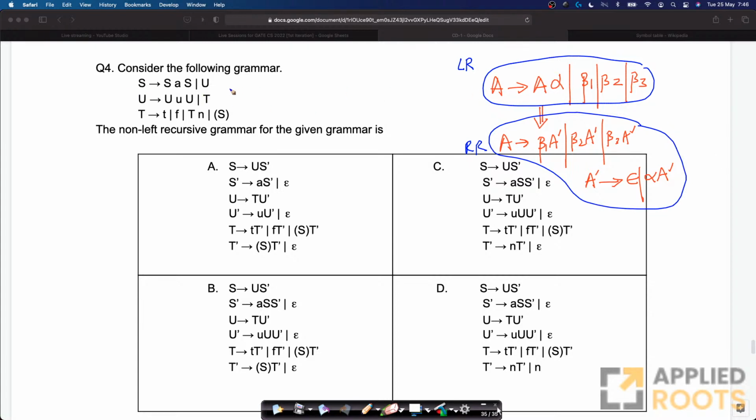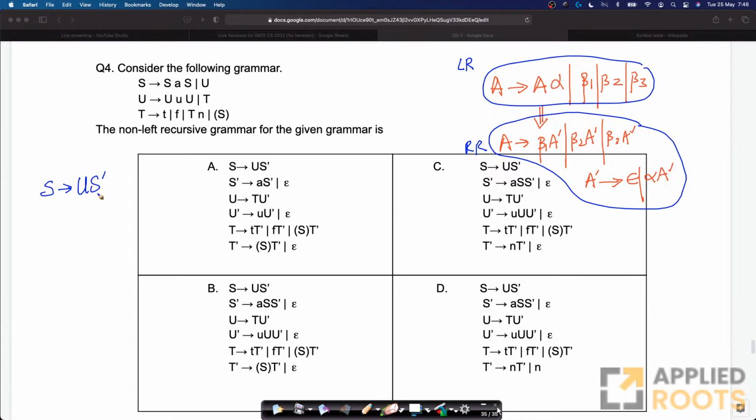So if you just apply these rules here, right? So you have S generates SAS or U. So for this, what can we write? We can just simply say S generates, because there is U here, U S dash, right? Because U is like your beta here, your S is like your A, and your alpha is nothing but AS. Again, just try to map it, right?